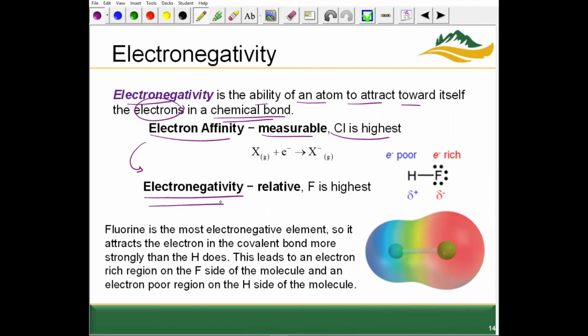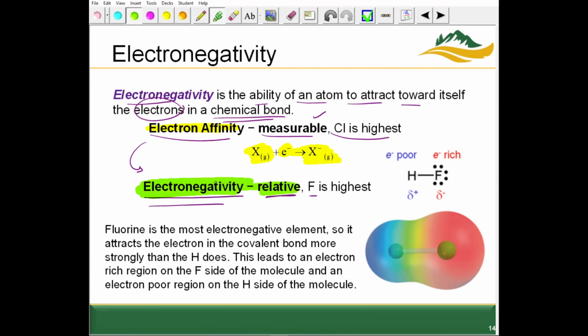Electronegativities are relative to one another. So for instance, we look at the electronegativity of fluorine versus hydrogen. So these are relative values, whereas electron affinities could actually be numerical values that are measurable.